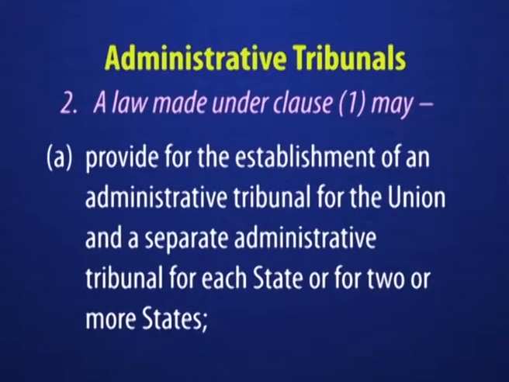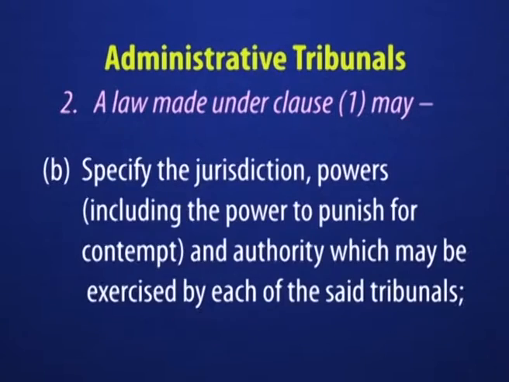Second, a law made under clause 1 may provide for the establishment of an administrative tribunal for the Union and a separate administrative tribunal for each state or for two or more states, specify the jurisdiction, powers including the power to punish for contempt and authority which may be exercised by each of the said tribunals.